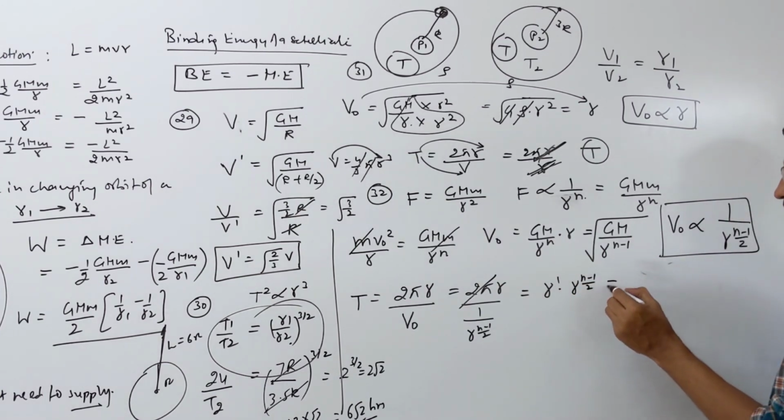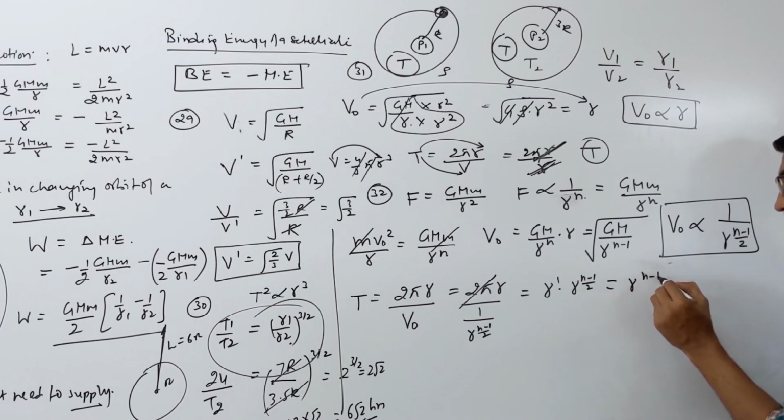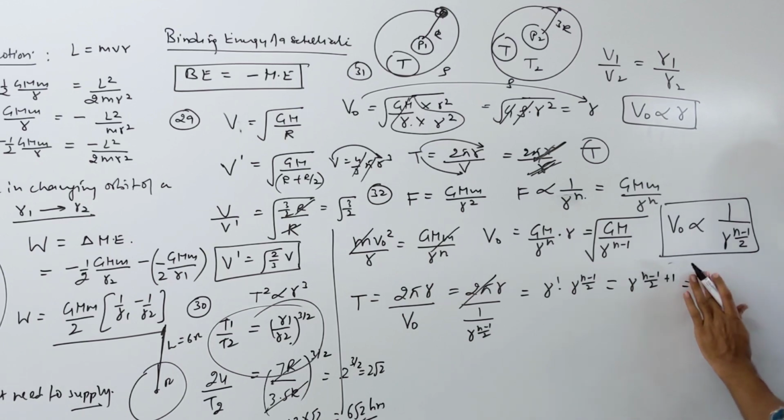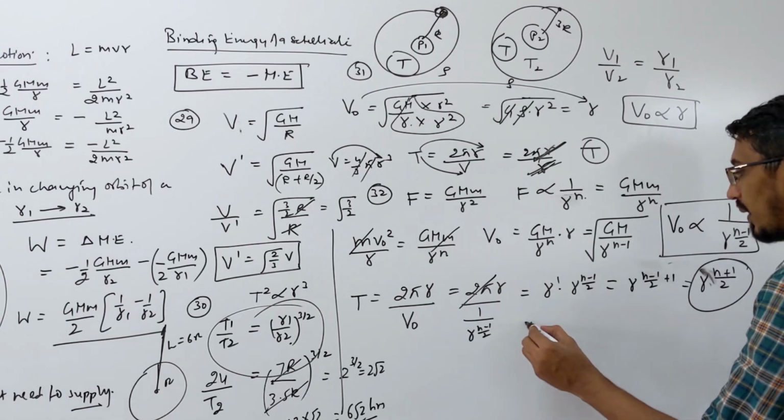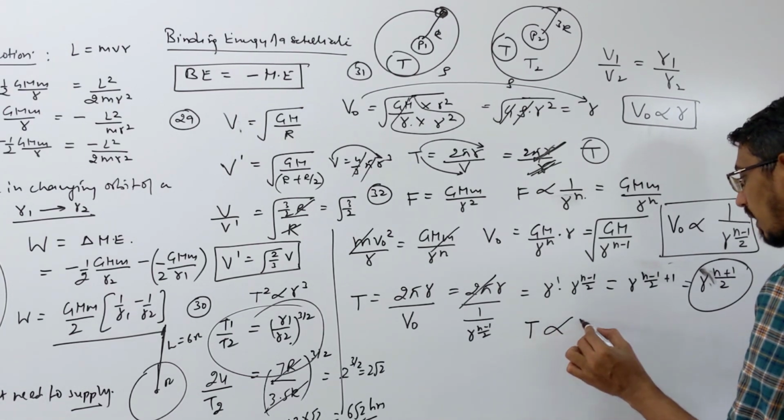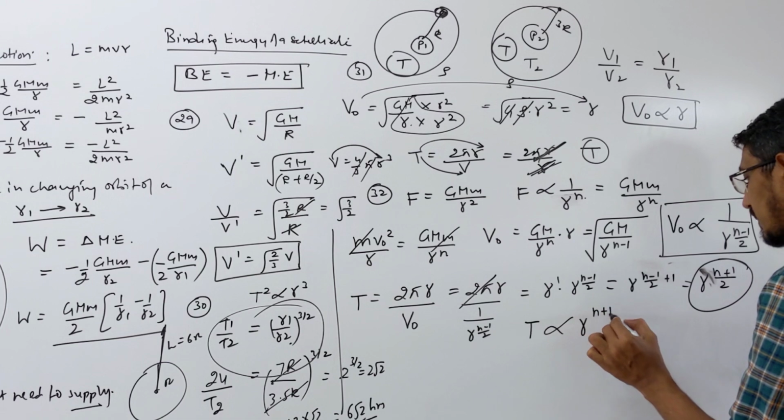So it becomes r power n minus 1 by 2 plus 1. Multiplying by 2, it becomes r power n plus 1 by 2. So how will time vary? Time is proportional to r power n plus 1 by 2.